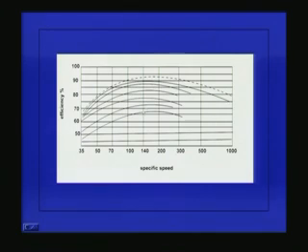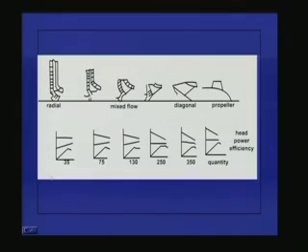So your efficiency of the pump depends upon the amount of water you are pumping as well as the specific speed, and the maximum efficiency that is achievable for a given specific speed depends upon the design of the impeller, which is shown in the next figure.